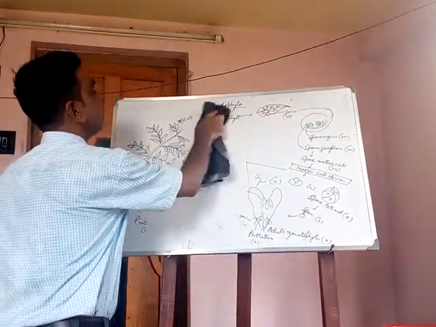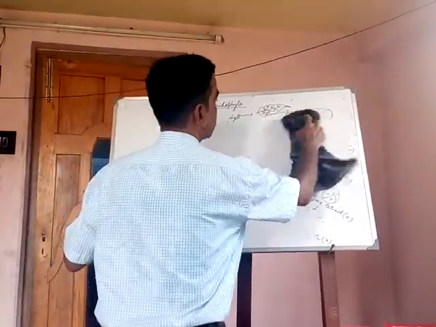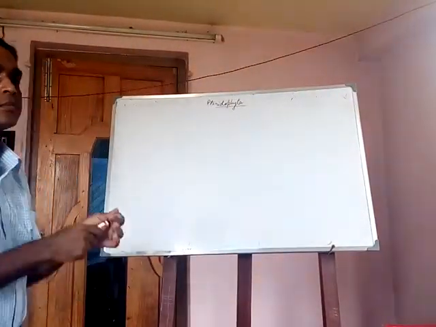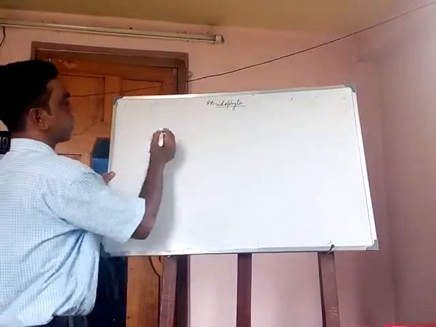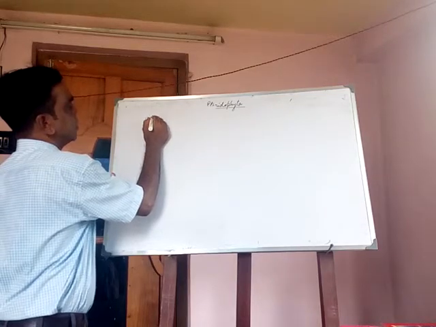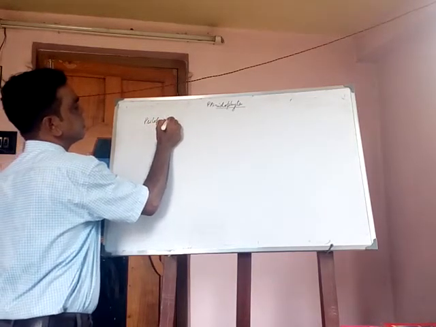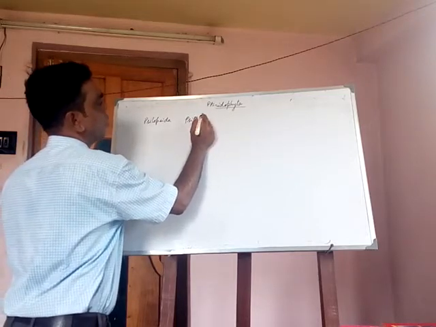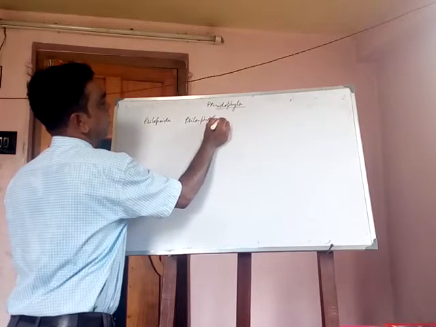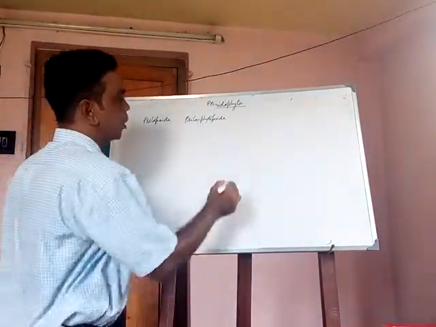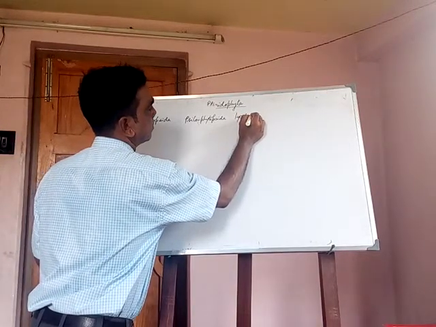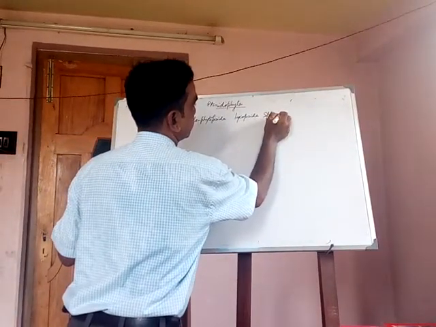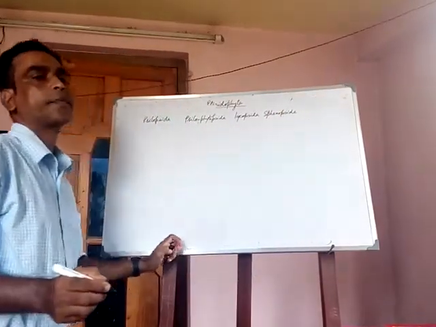Now the Pteridophyta is divided into four separate divisions: Psilopsida, Lycopsida, Sphenopsida, and Pteropsida.